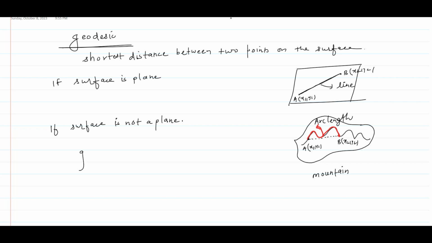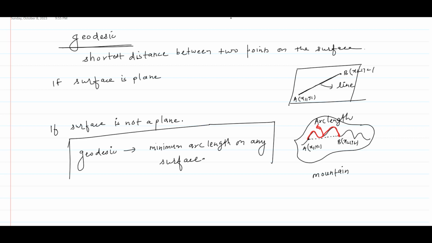So geodesic, in other words, is the minimum arc length on any surface. So this is known as geodesic. You will get wide information about geodesic in MSc.